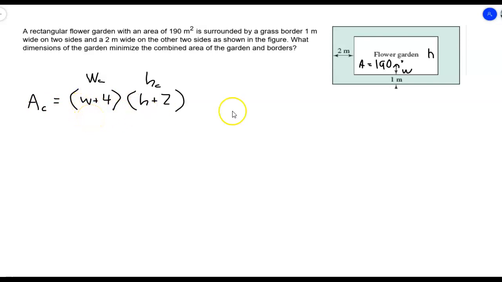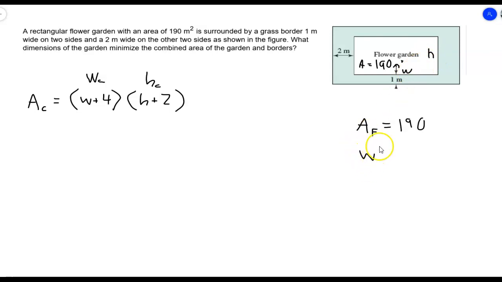This is where the constraint functions come into play. We look to see what additional information they gave us. They gave us that the area of the smaller rectangle, so I'm going to put a little f here for the flower garden, is equal to 190. Remember what area is: width times height in this case.